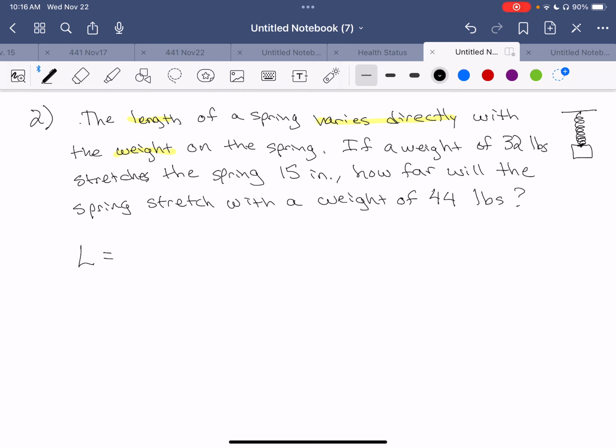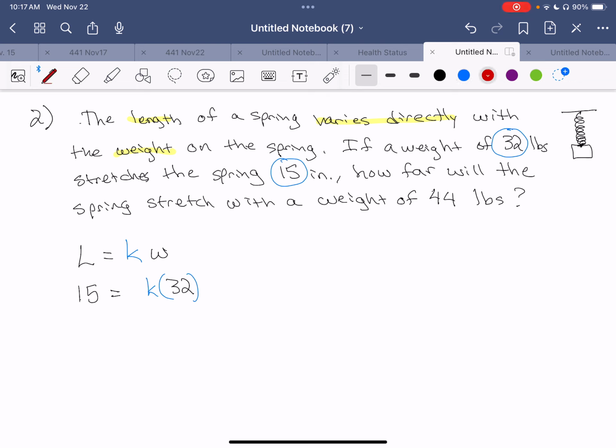Length equals K times weight. So let's put in then our information. So we have a weight of 32 goes with a length of 15. And so 15 is my length, 32 is my weight, K is what I'm solving for.